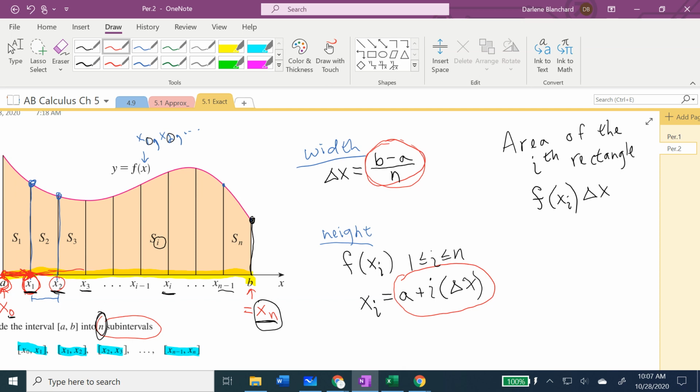Now, I want more than the area of the ith rectangle. I want the area of the sum of all n rectangles.